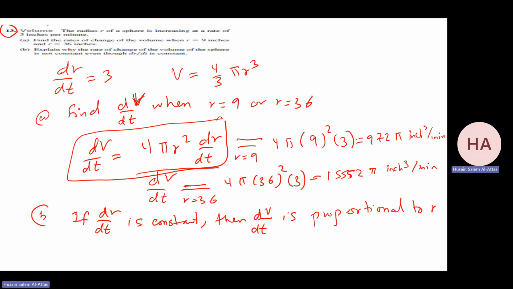This is constant, okay? Constant times 4 pi is constant, so it'll be constant times r squared. That means dv by dt will be constant times r squared. So it's proportional to r squared.